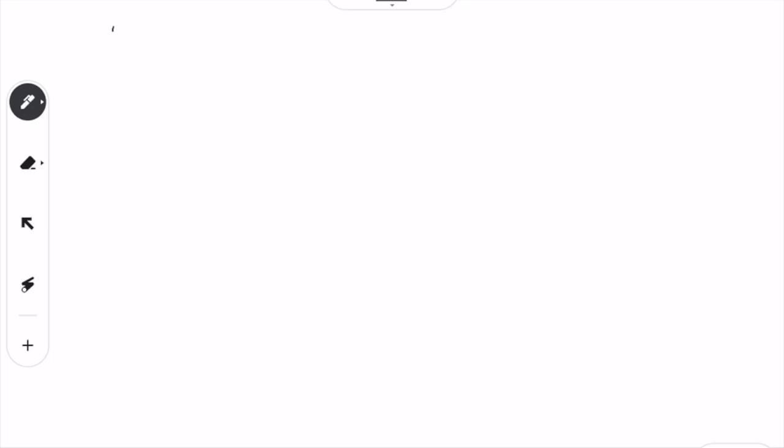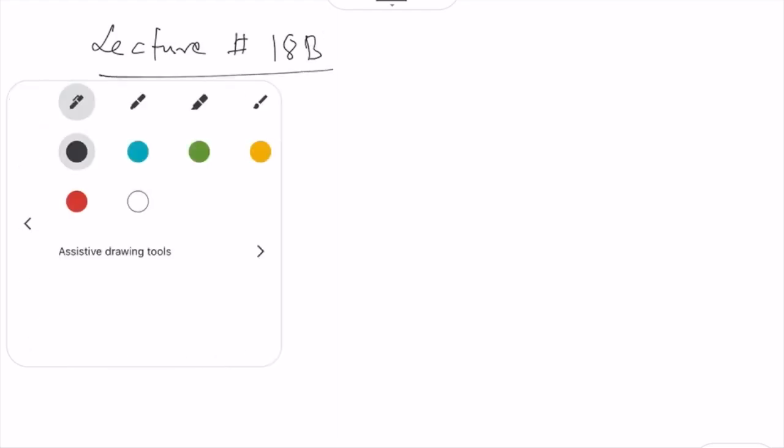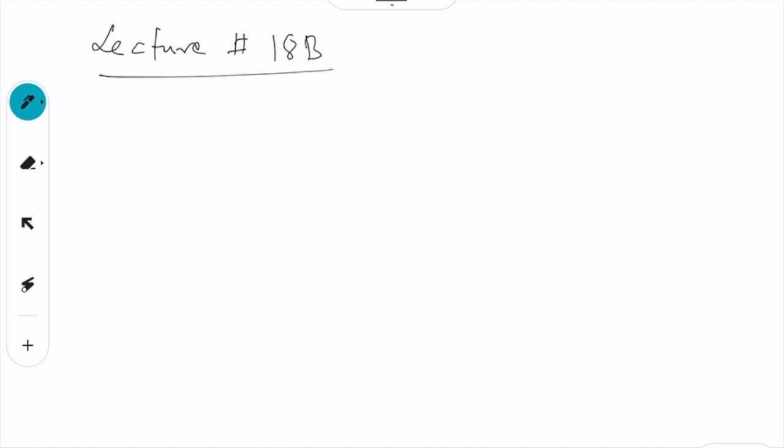So this is lecture number 18B. In part A, we looked at how the stiffness matrix works.